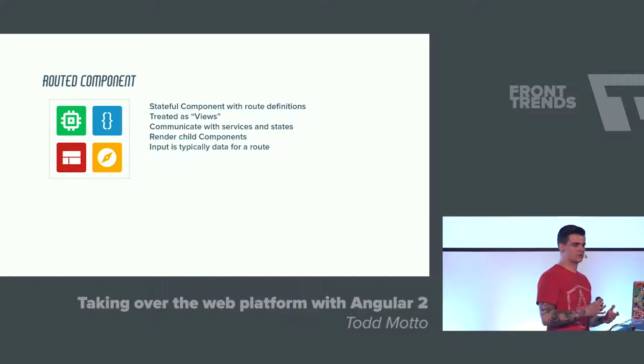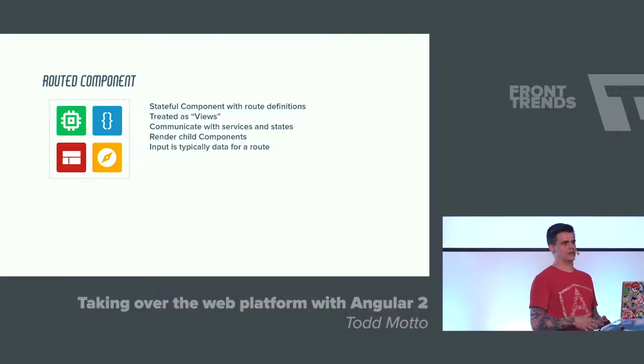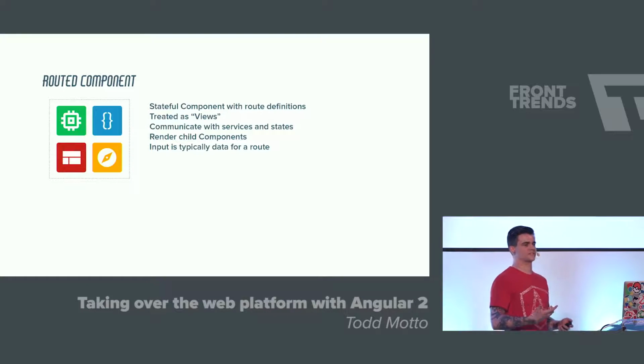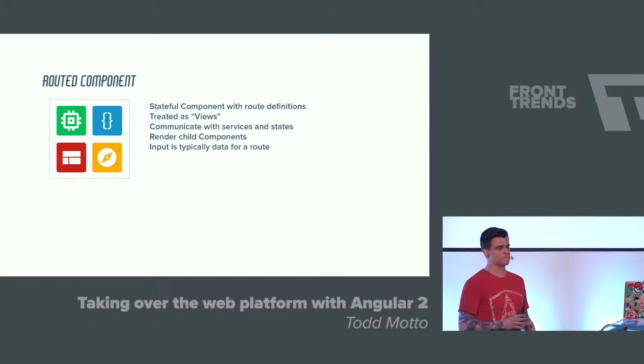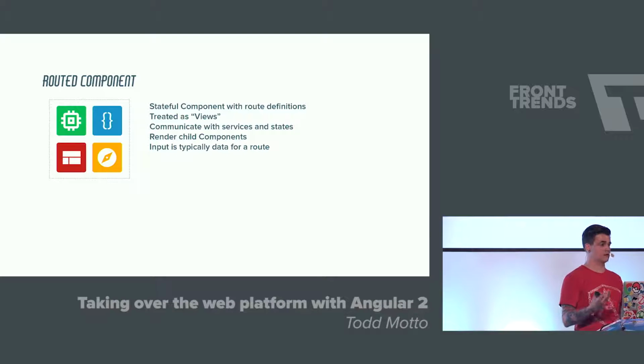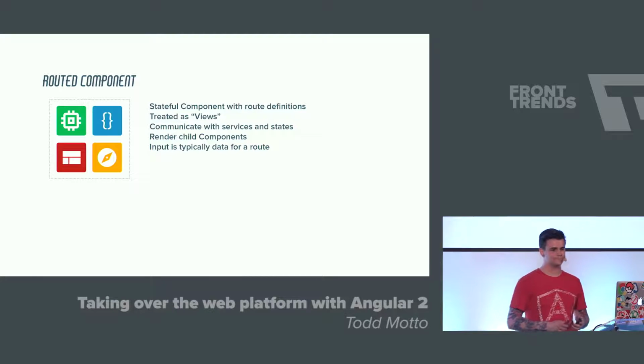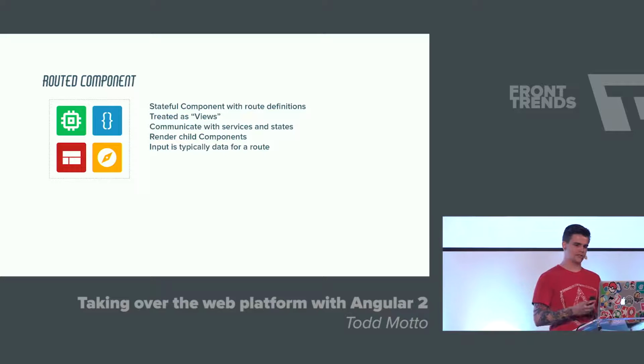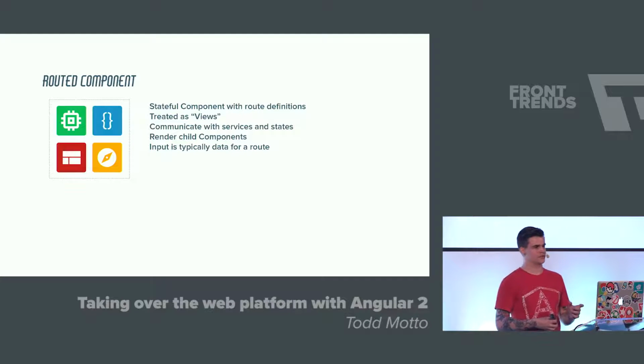Then we have something called a rooted component, which is a more advanced stateful component. We probably know these as views. If you've got Gmail, for instance, you've got a view in the middle. These are basically just stateful components, but they have route definitions.